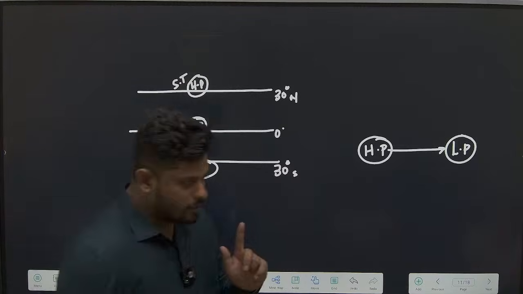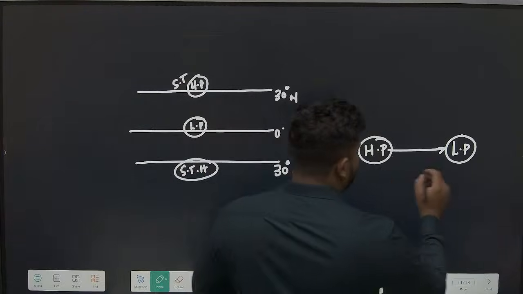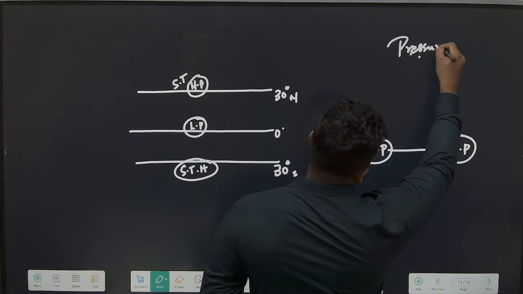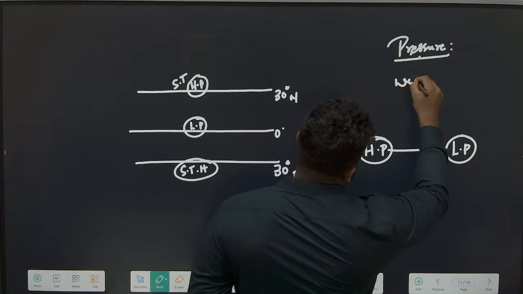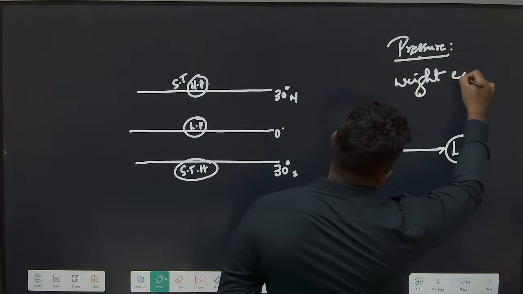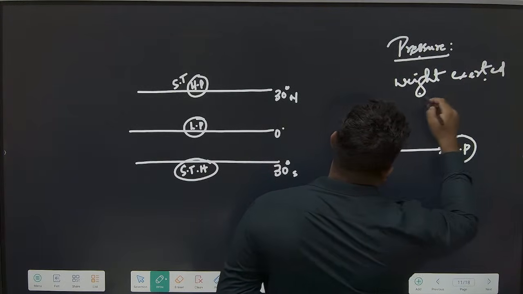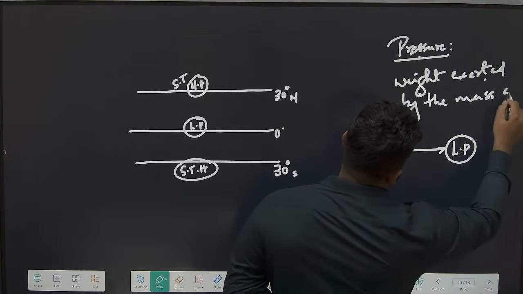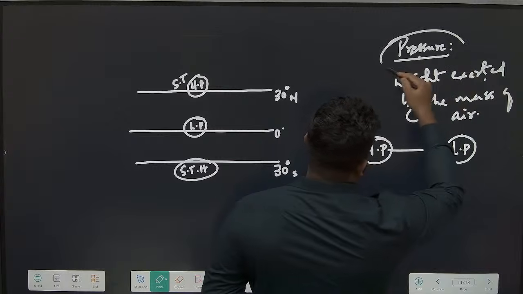The reason why you have a confusion regarding it is you don't know the concept of pressure. Pressure, let me tell you, is nothing but the weight exerted by the mass of air.